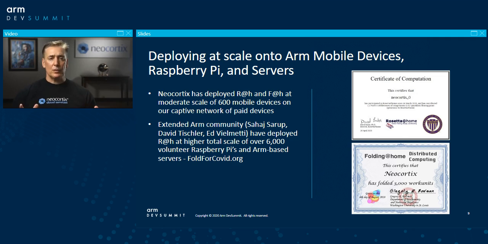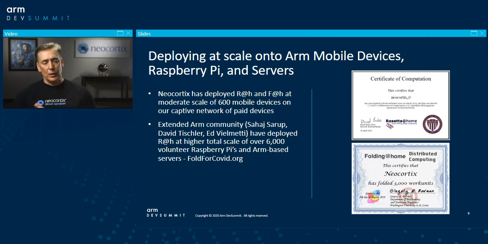Those devices are available to us at all times. So for development purposes, we've been able to deploy both Rosetta at Home and Folding at Home onto those devices and do testing at this moderate scale. Several hundred is a nice, sensible initial scale for testing, but it's not the billions of devices that we could potentially access.